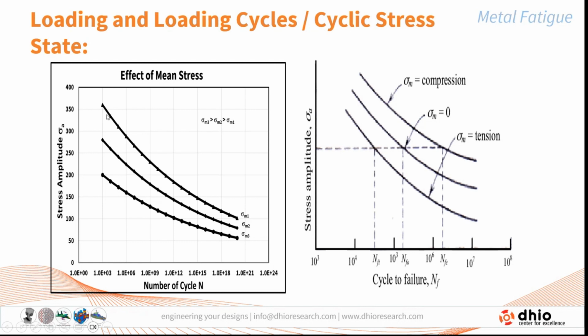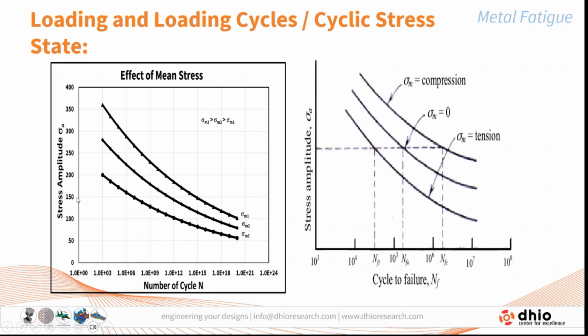And when you have the mean stress plotted versus the stress amplitude and the number of cycles, you can observe that for the same value of the stress amplitude, let us assume 150 megapascal, when the mean stress is sigma M3, the life you are going to get is 10 to the power of 6 or 7.